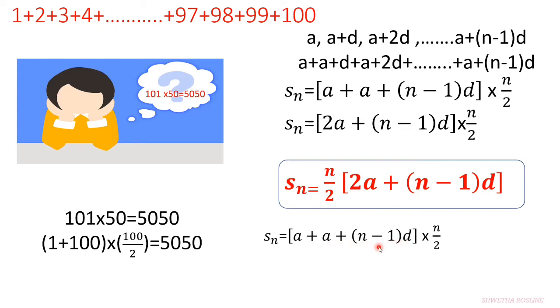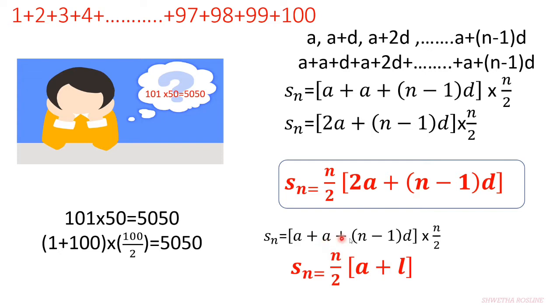A plus n minus 1 into d is nothing but the last term, or I can say it is the nth term, isn't it? An is equal to a plus n minus 1 into d. So that nth term, I am going to replace with another term, say L. So I am going to rewrite it as Sn is equal to n by 2. This same n by 2, I am writing first. After that, I will write a as it is.